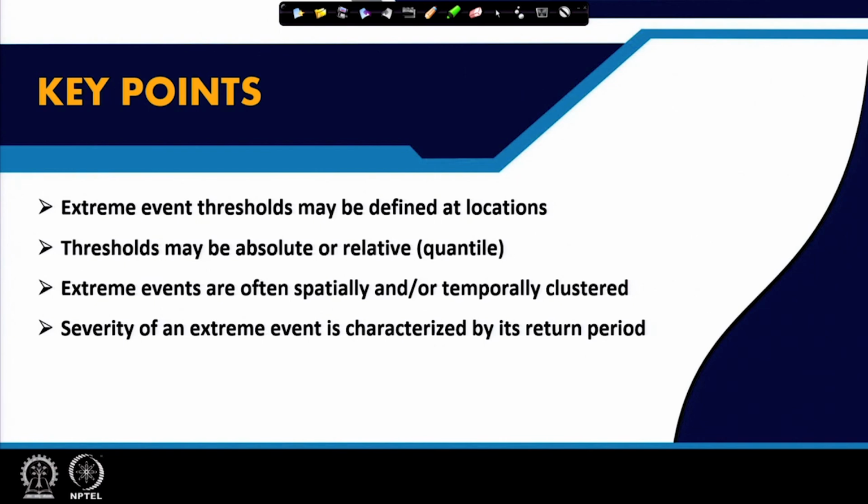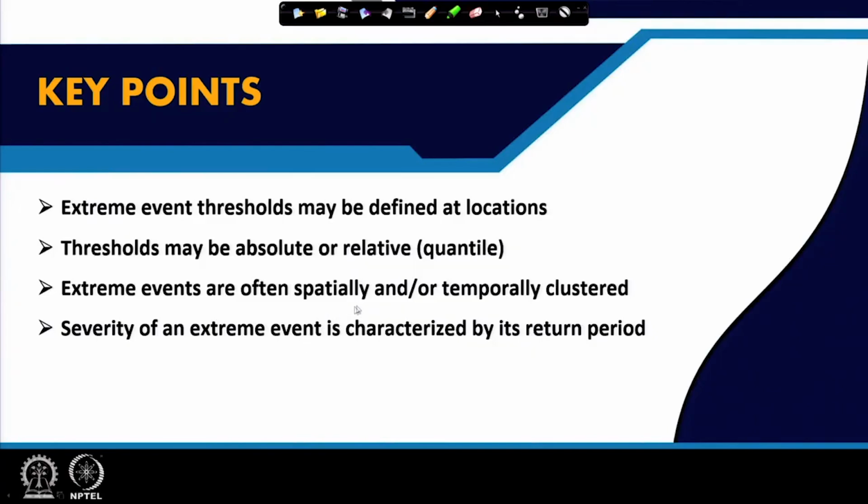The various probability distributions which we are familiar with don't work well when we are dealing with extreme values, and in the next lecture we will see how we can define specific probability distributions for these extreme events.